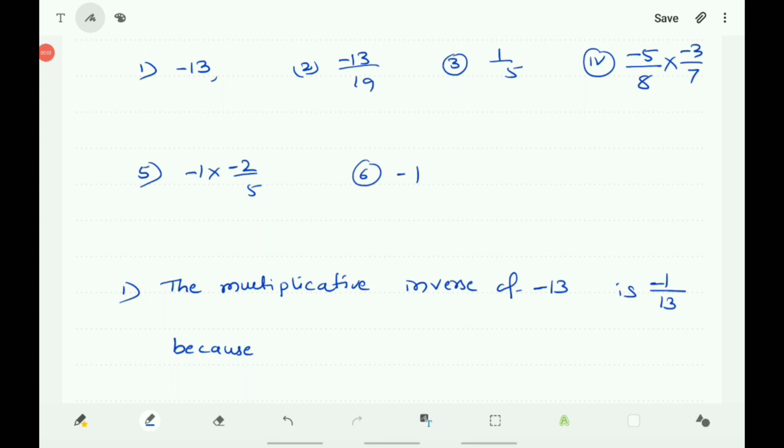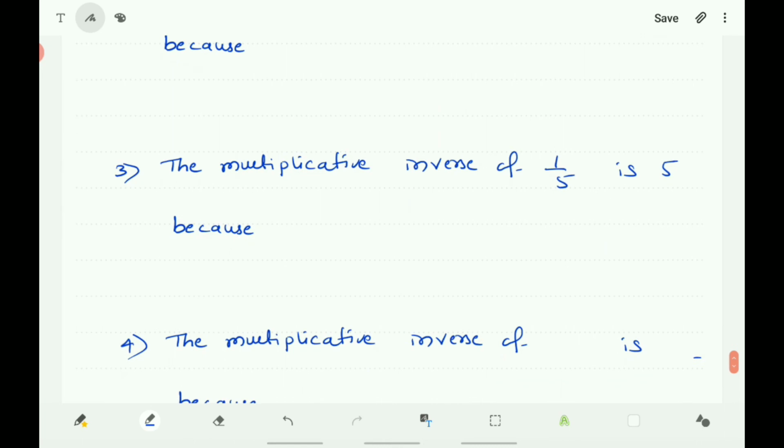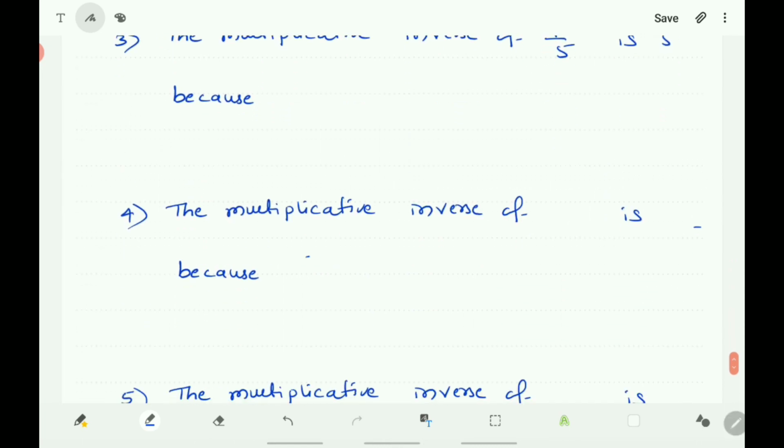Multiplicative inverse of minus 5 by 8 into minus 3 by 7. Here the multiplicative inverse of minus 5 by 8 is minus 8 by 5, and the multiplicative inverse of minus 3 by 7 is minus 7 by 3, and it is nothing but 56 by 15.